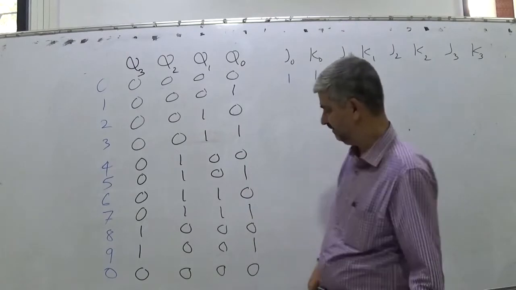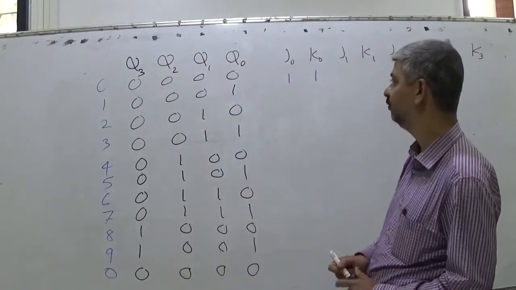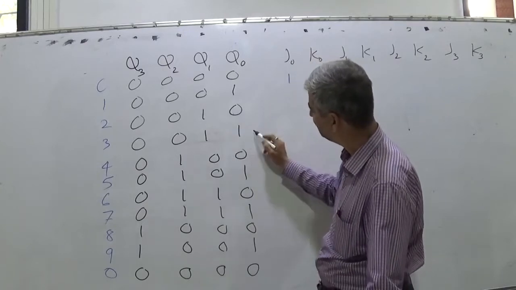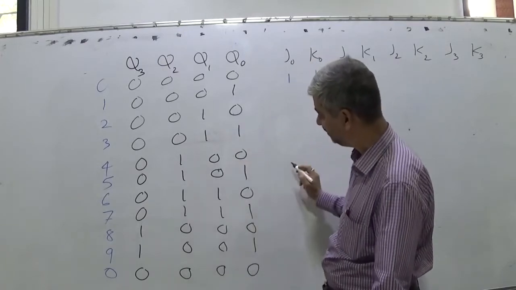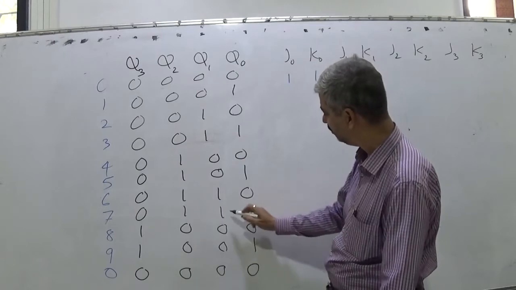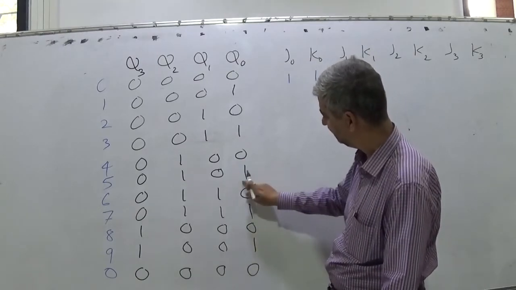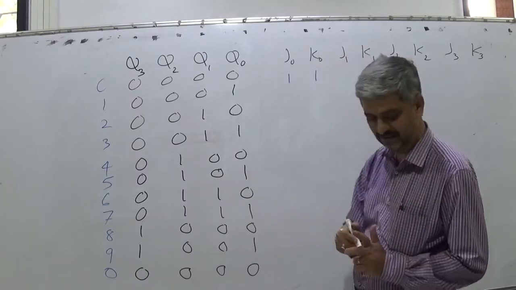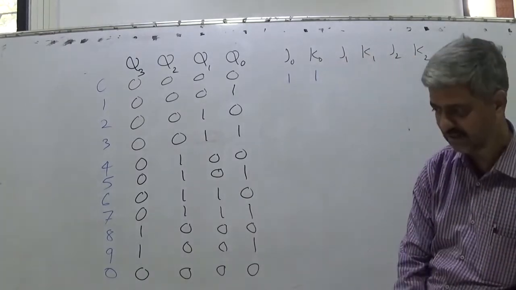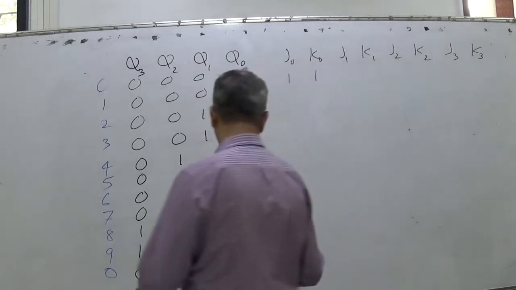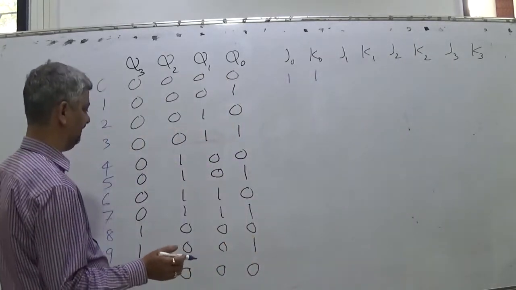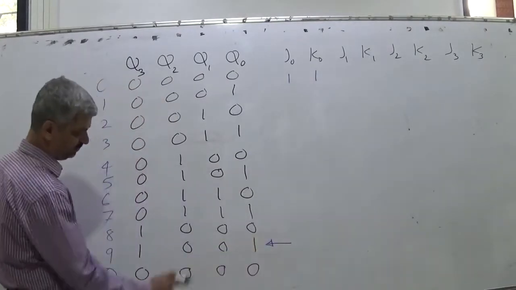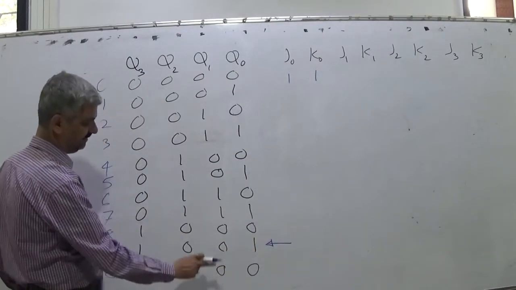Q1 toggles when Q0 is 1, each time. But the most important thing you need to consider is the situation from, let us say, state 9, when it should advance to the next state.